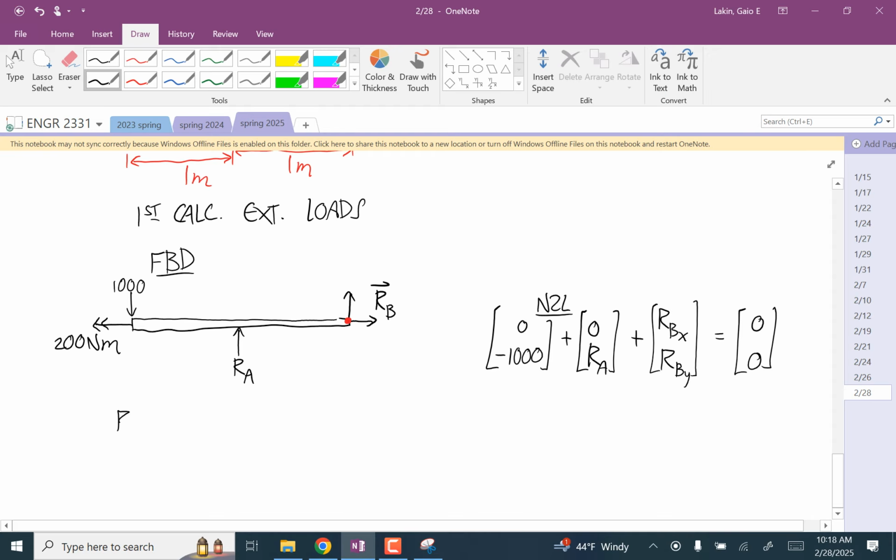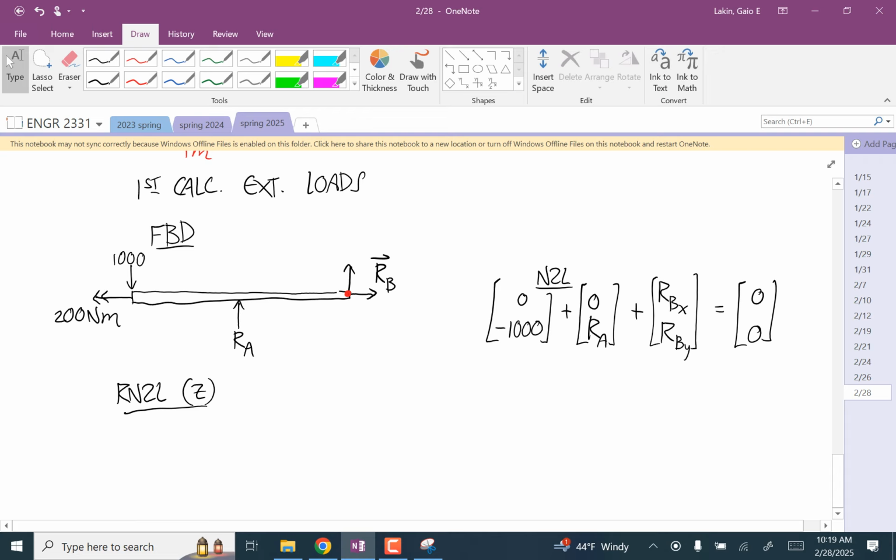And then the moment equation about the z-axis says we have plus or minus a moment arm of 2, a force magnitude of 1,000. With the about point at the red dot, would that 1,000 make it rotate clockwise or counterclockwise?